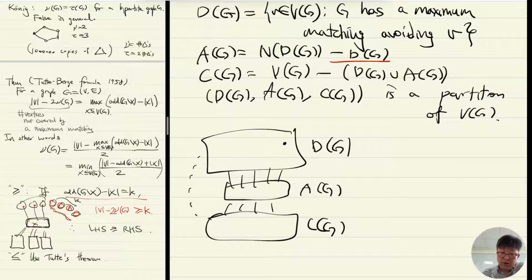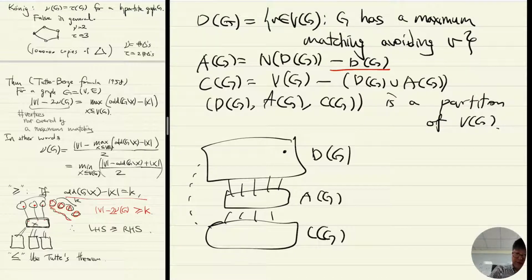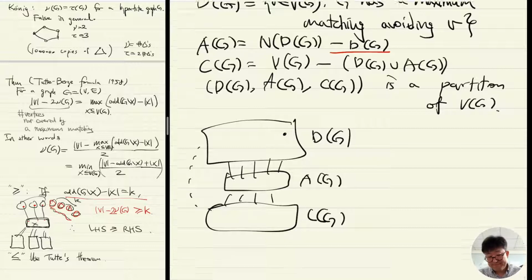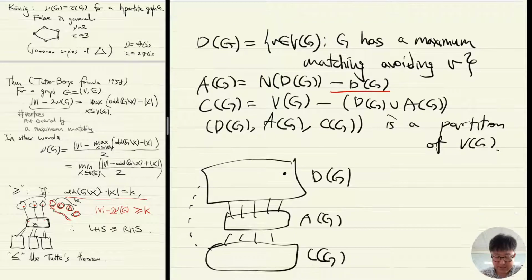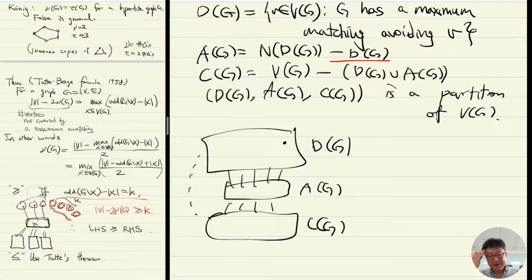Now, what can we say? So I mean, this D, A, C is canonical, right? Whenever you have a graph, this definition already defines D, A, C without any confusion. There are no different partitions. This is a canonical partition of the graph.